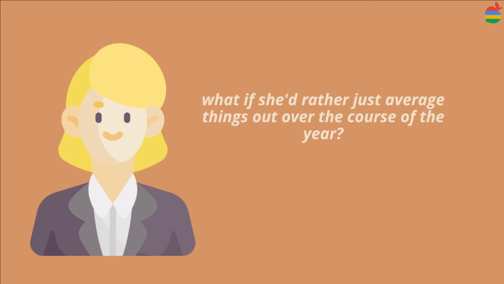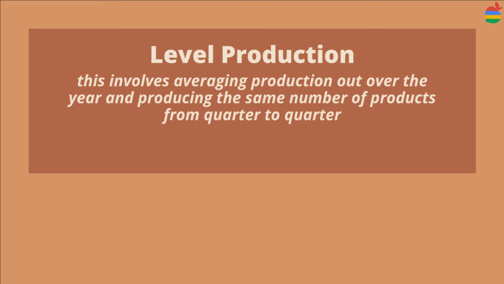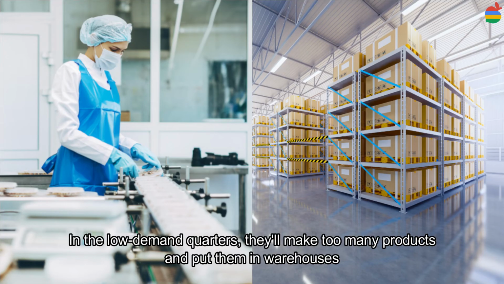But what if she would rather just average things out over the course of the year? Level production is another sales and operations planning strategy. This involves averaging production out over the year and producing the same number of products from quarter to quarter. In the low demand quarters, they will make too many products and put them in the warehouse.